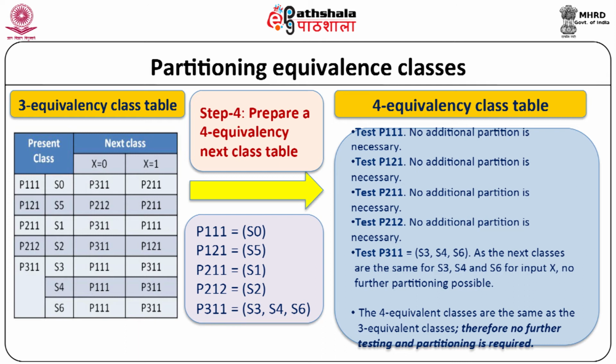Test P11 for each value of input x. No additional partition is necessary because the next class contains only one state. Test P121 for each value of input x. No additional partition is necessary because the next class contains only one state.